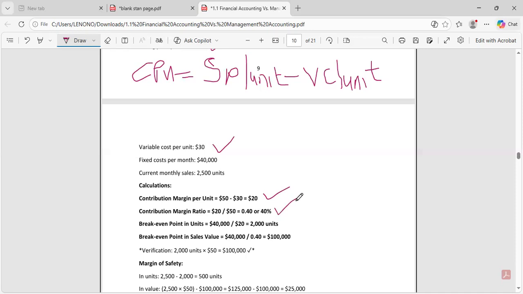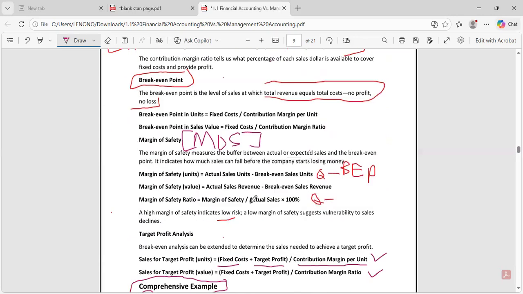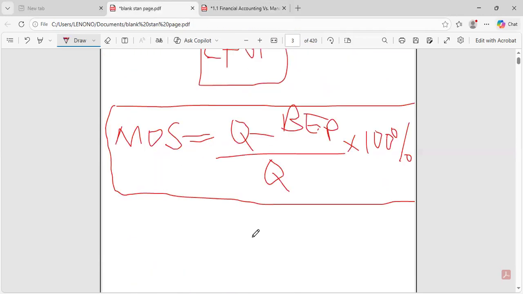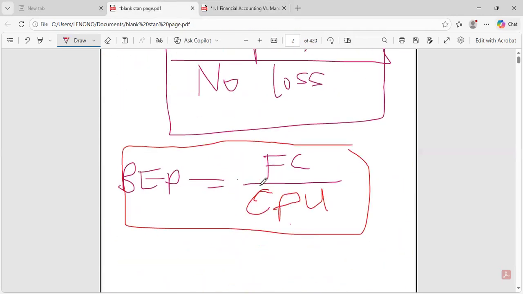Then the break-even point in units is fixed cost over contribution per unit.